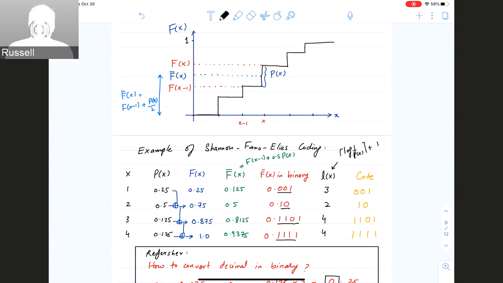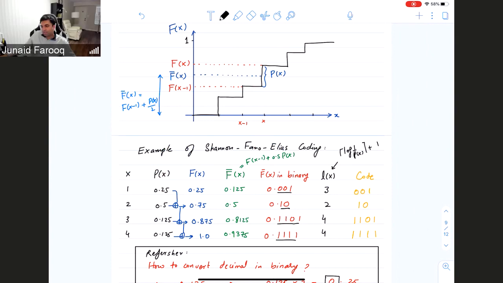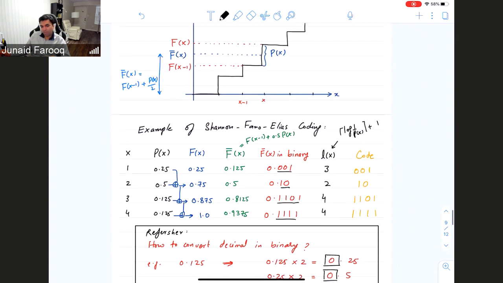But satisfying the Kraft inequality is not a guarantee of prefix codes. So they're uniquely decodable, that's for sure. So we are in this diagram that we saw last time in the table, but we may not be in the prefix code regime.